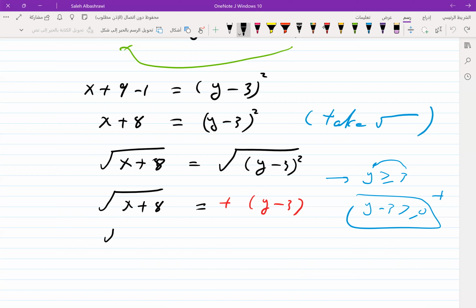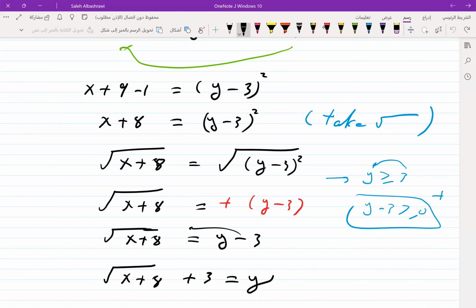So the square root of x plus 8 equals y minus 3, or moving it to the other side, the square root of x plus 8 plus 3 is equal to y.